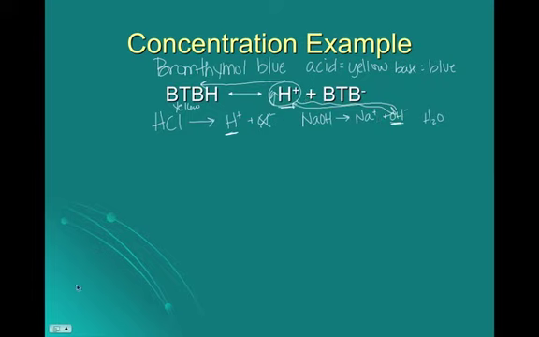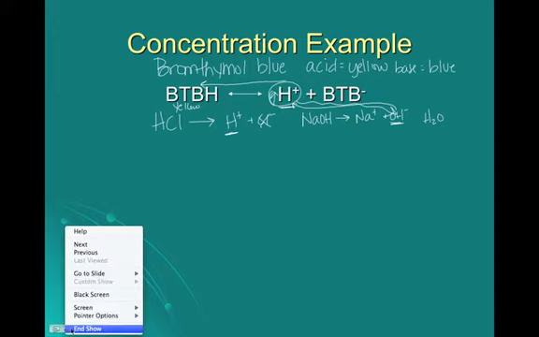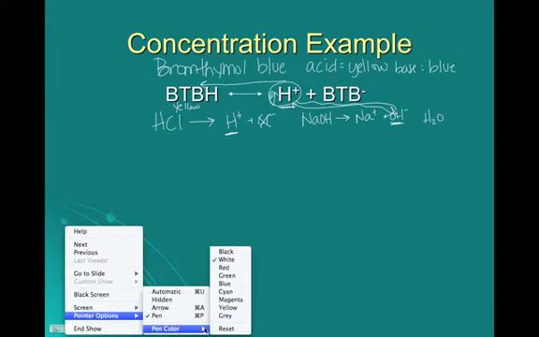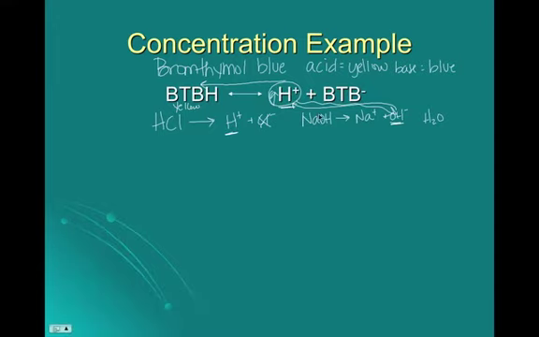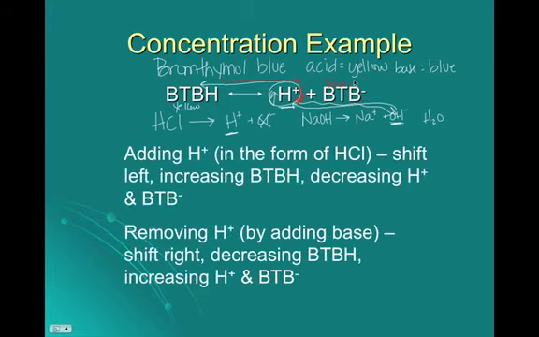I'll switch colors. If we add sodium hydroxide, we're going to decrease the amount of hydrogen, which means you're going to shift towards what you remove. And what you will discover is that this BTB minus ion is blue. So that looks like that.